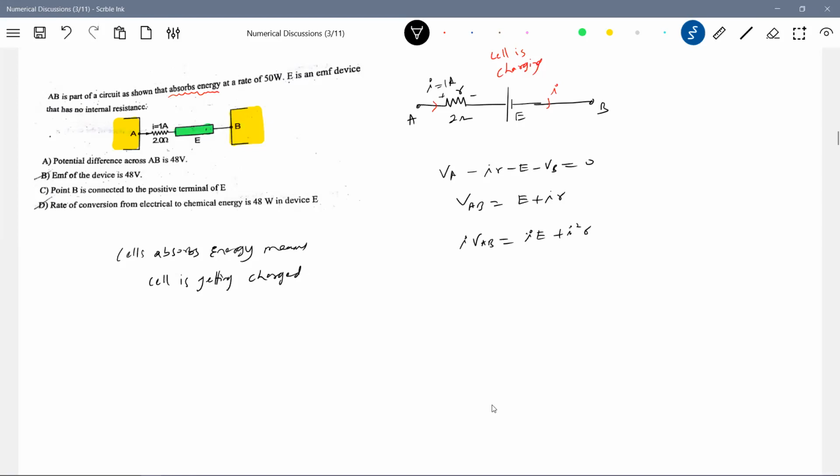That is 50 watt. Or will you write I into E? Should I into VAB be 50 watt, or should I into E be 50 watt? I think we have to take a decision here.